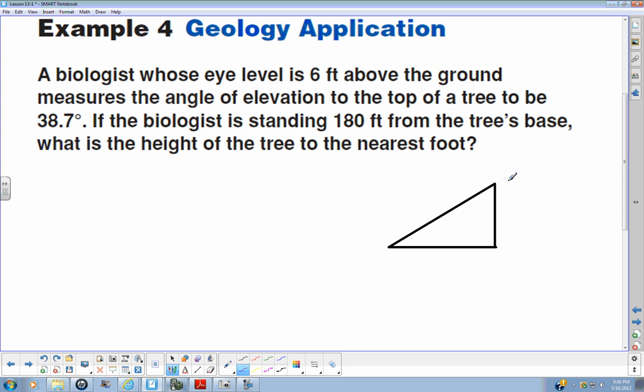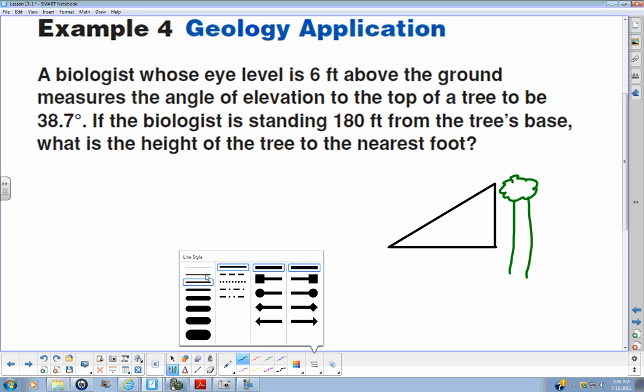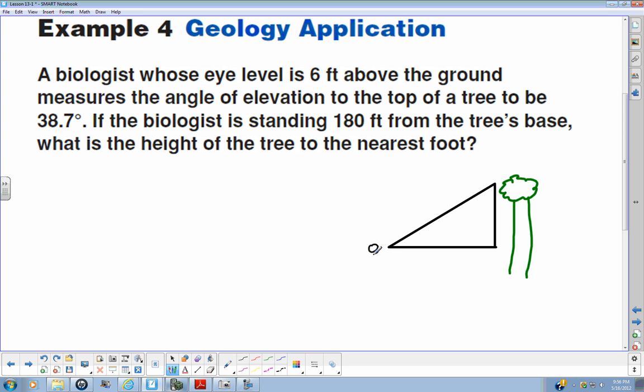So here we have this tree here. So here's green. So here's the tree, and it goes down here. And we have our biologist. He's standing here, over here. So there's his head, and a nice little stick figure biologist here.